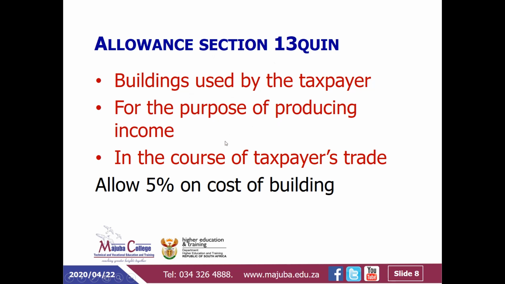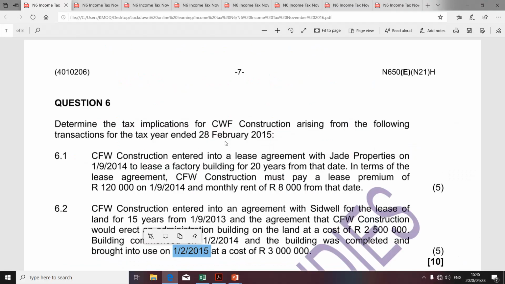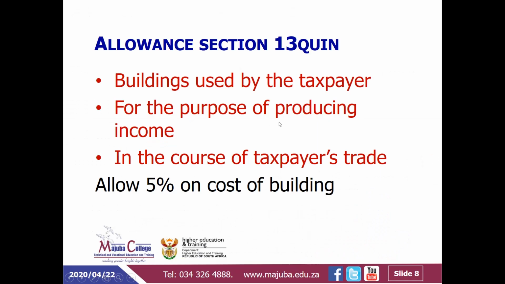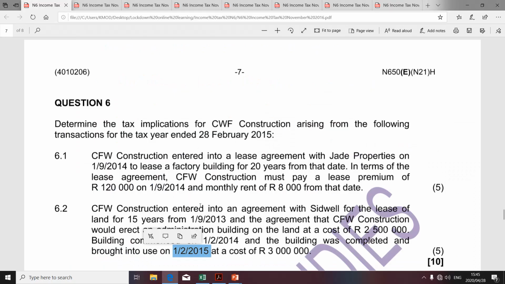This requirement addresses that amount because CFW uses the building for the purpose of producing income. So therefore, we're going to allow him 5% on the difference between that amount and that amount.